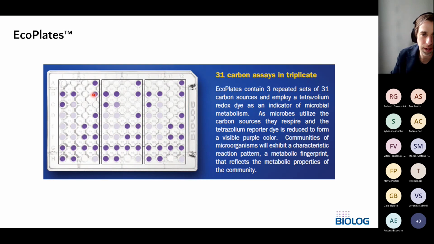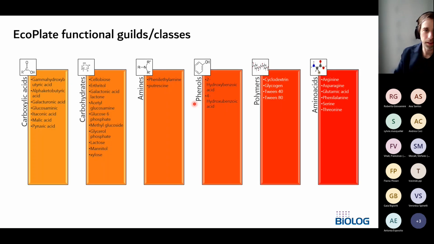It's a special plate that has these 31 carbon sources only, in triplicate, so replicates or different samples can be run. The feature of this is that it is more suitable for microbial consortia, because instead of simple sugars, it has more complex carbohydrates that need, most of the time, collaborative metabolic activity by different species to be metabolized.